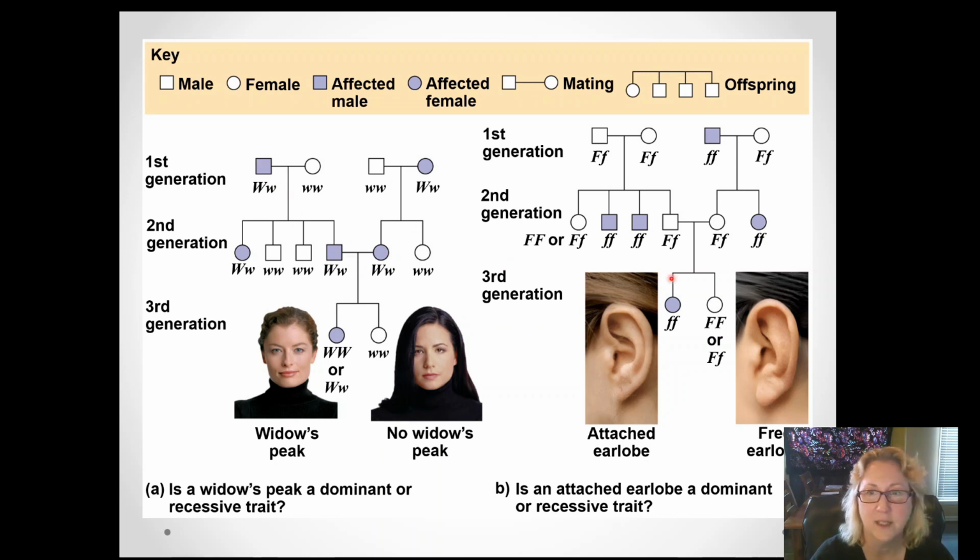You don't see that skip generation, but here we have unaffected parents, affected child, unaffected parents, affected child. And that is definitive for a recessive trait. That tells us this trait is recessive because it skipped this generation, skipped this generation.